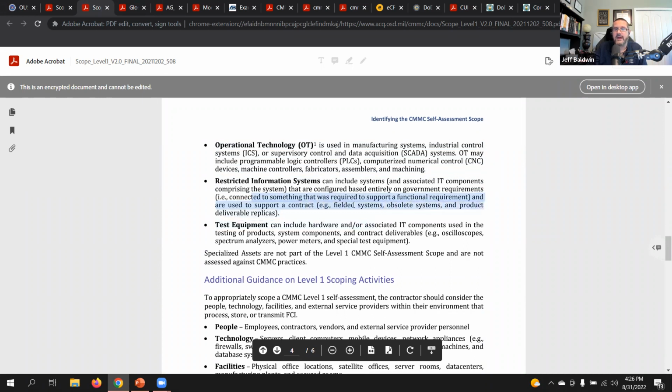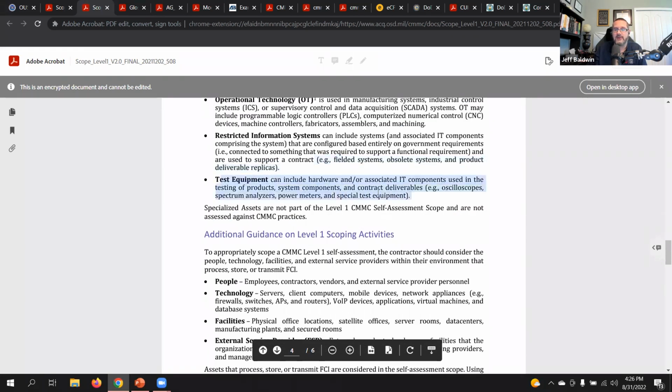Fielded systems, obsolete systems: a lot of times you will have a lab system that's used for troubleshooting, but it has to match something that's fielded, and where it's fielded, it can't be patched. So you have to leave these unpatched, obsolete systems in place to do troubleshooting for fielded systems. And then test equipment, those would be your oscilloscopes and microscopes and power meters and special testing.